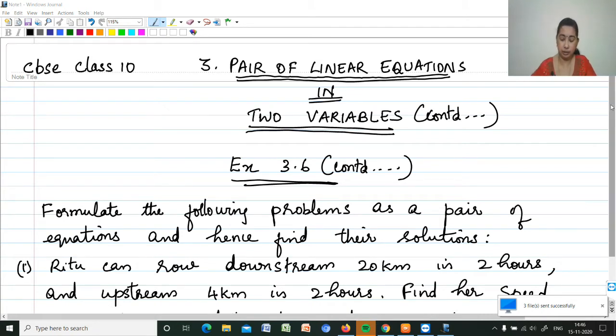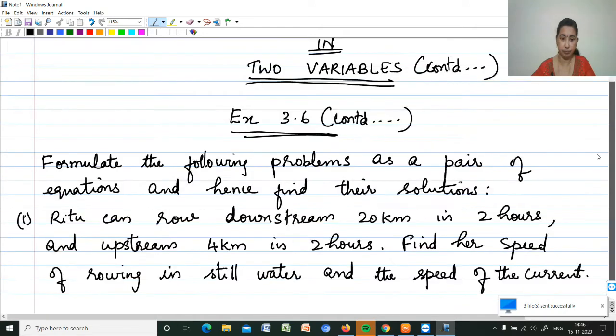In exercise 3.6 question number 2, it is told to formulate the following problems as a pair of equations and hence find their solutions. The first question is: Ritu can row downstream 20 km in 2 hours and upstream 4 km in 2 hours.